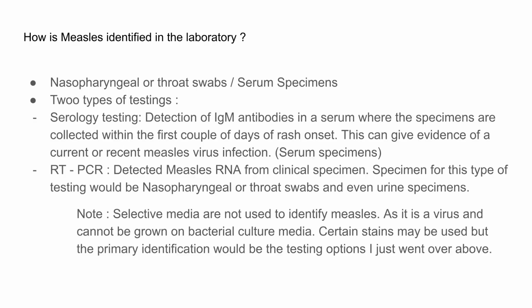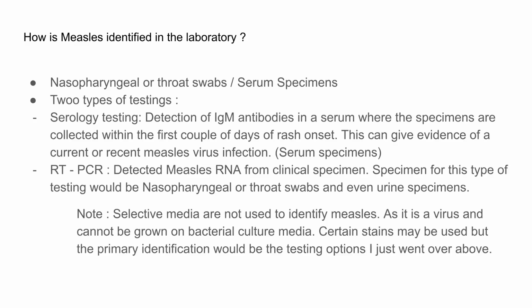So with the serology testing, detection of the IgM antibodies in a serum where the specimens are collected within the first couple of days of rash onset can give evidence of a current or even recent measles virus infection. And this comes from serum specimens.